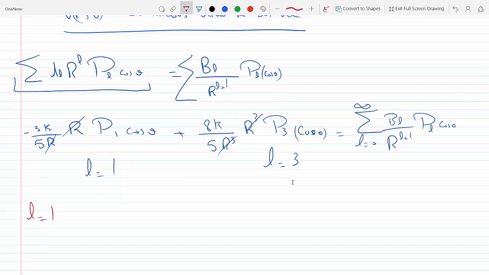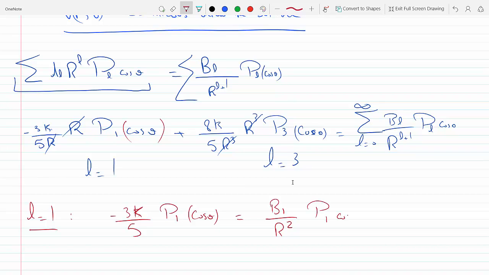If L equals 1, we get minus 3k over 5 P1 cosine theta equals B1 over R squared P1 cosine theta.